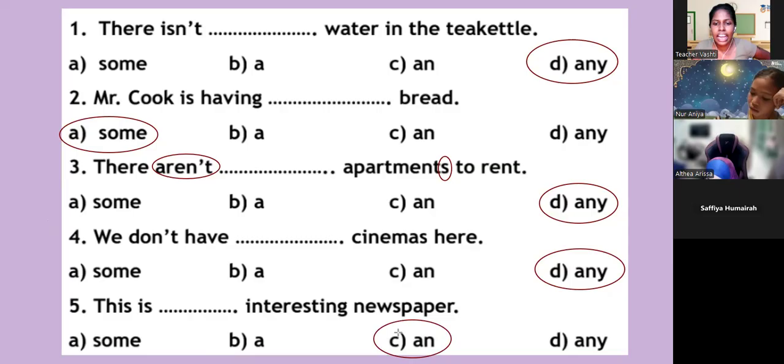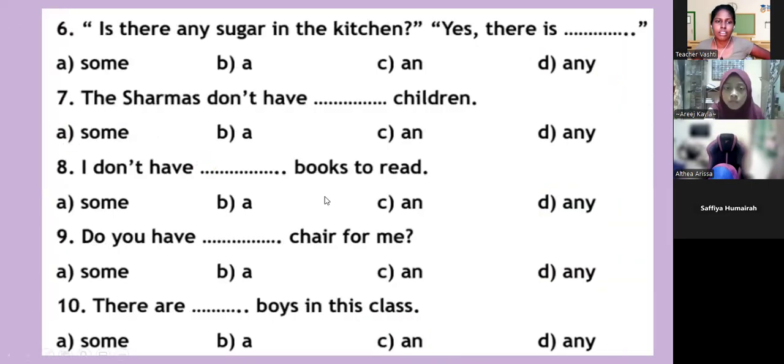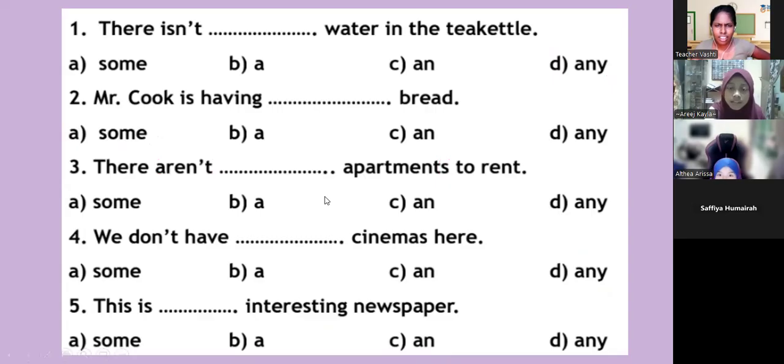This is an interesting newspaper. Kenapa? Dia mula dengan I. Ada satu sahaja. Do you all understand or not? Understood. Tapi jawapan tak betul also. Teacher pun tak puas.